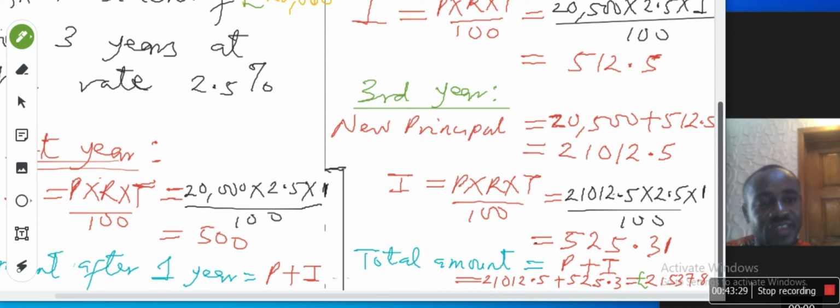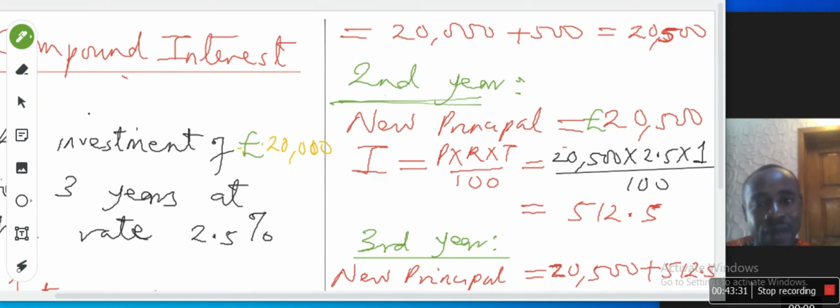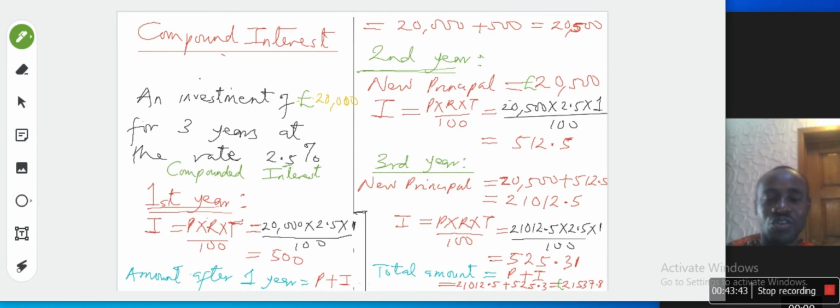Now this is about compound interest. Compound interest, as the name implies, means you are adding the interest every year to recalculate the principal. There's another formula we use.